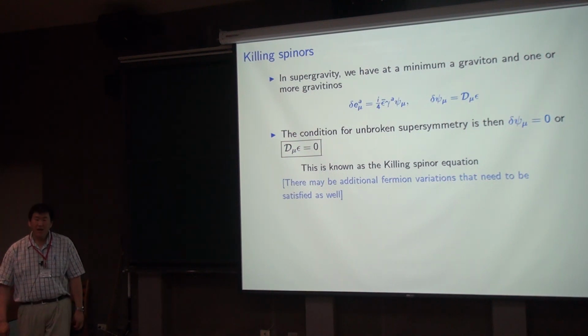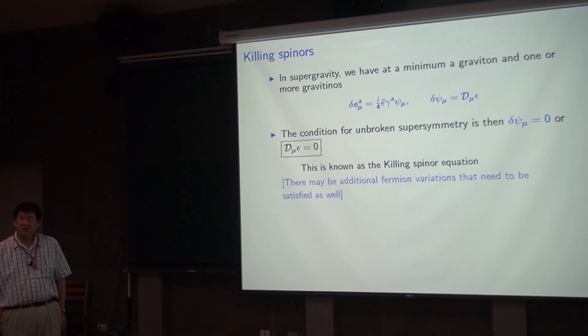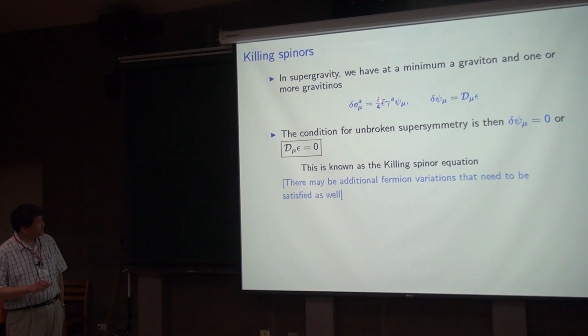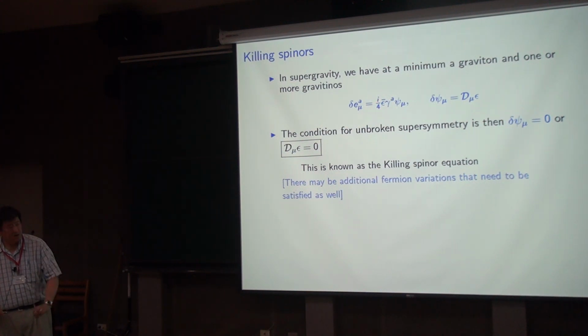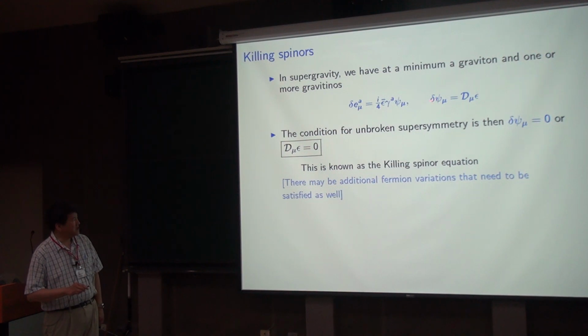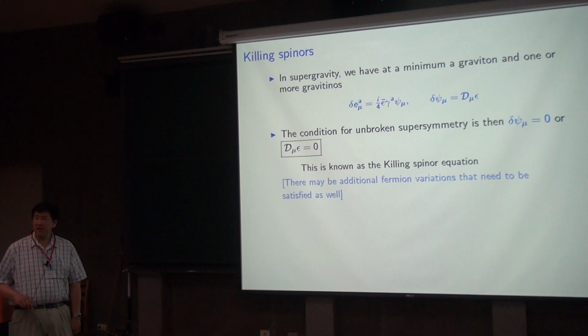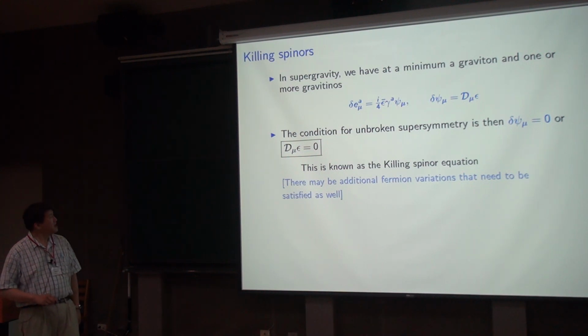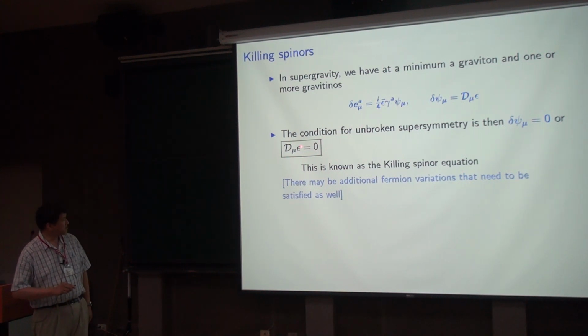So as I said, if the background is purely bosonic, then the gravitino field itself is equal to 0. So the variation of the Vielbein equals 0 is automatic. The gravitino might be equal to 0, but the variation of the gravitino is not guaranteed equal to 0 unless D_mu epsilon is equal to 0. So a condition for unbroken supersymmetry is that D_mu epsilon equals 0.